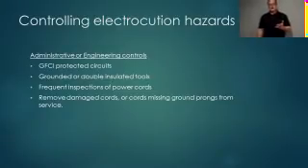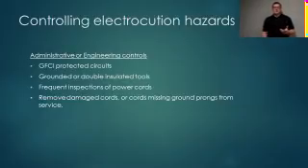So there are several controls or ways to mitigate electrocution hazards. Within construction, the majority of our electrical exposure comes from our tools, our electrical cords, and maybe our generators. OSHA has implemented several standards or plans for controlling these hazards.